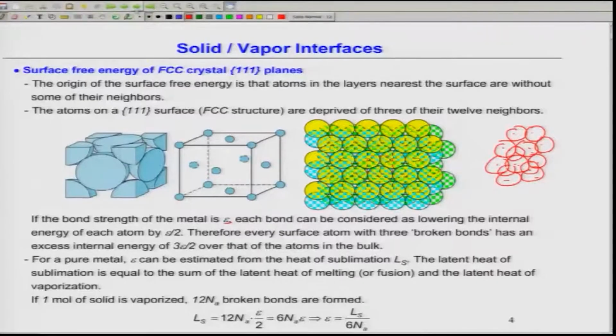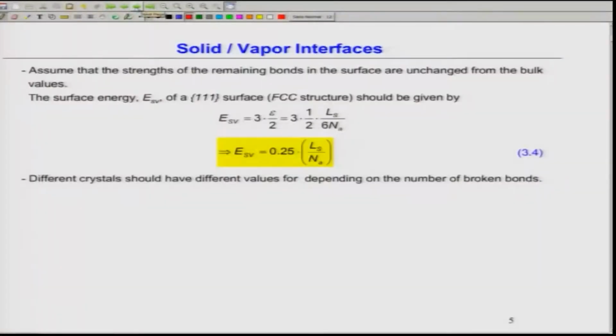Now, if I have that idea, what can I do? Assume that this surface energy is basically because of these 1 1 1 surfaces. So, that must be equal to 3 epsilon by 2, which I have already considered, and epsilon is Ls by 6 Na. That gives me surface energy equal to 0.25 into Ls by Na, right. If I simply do the calculation, you can see this is 12, this is 3, so 1 by 4 and 1 by 2 become 0.25, and this is Ls by Na.